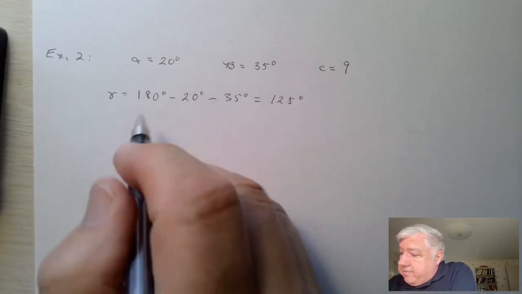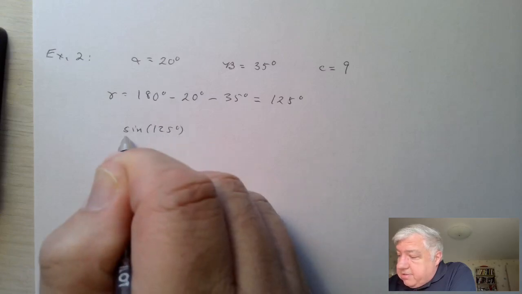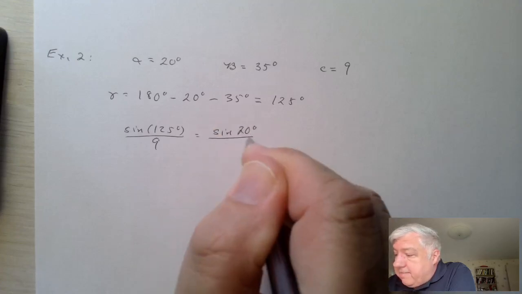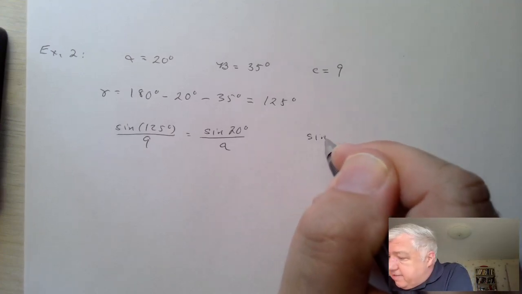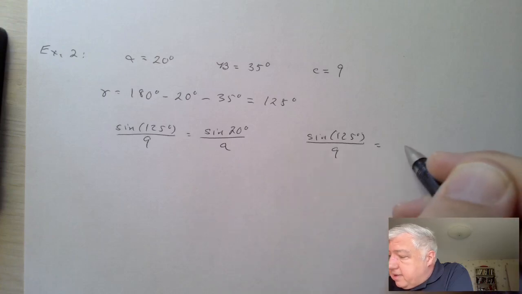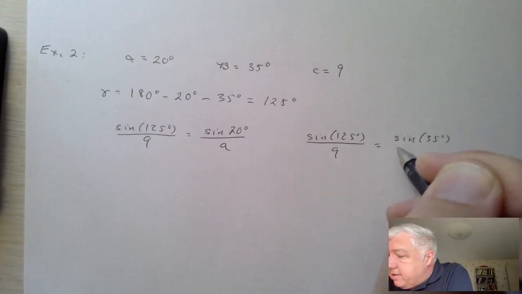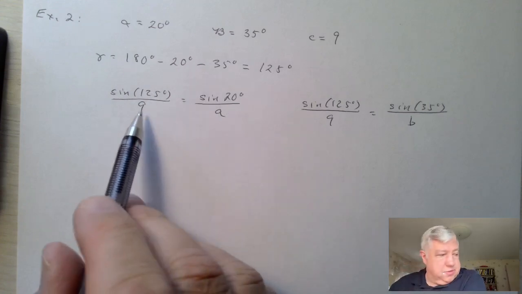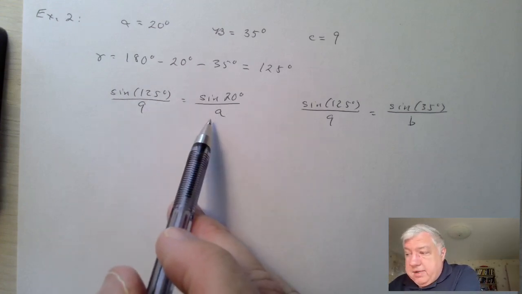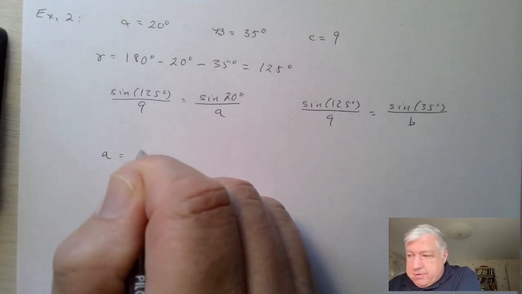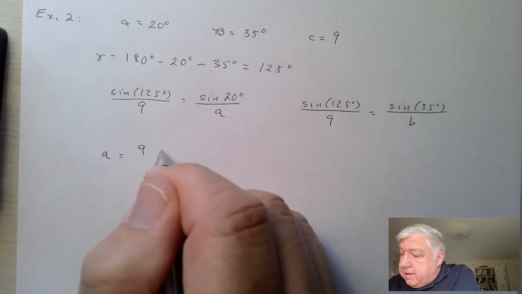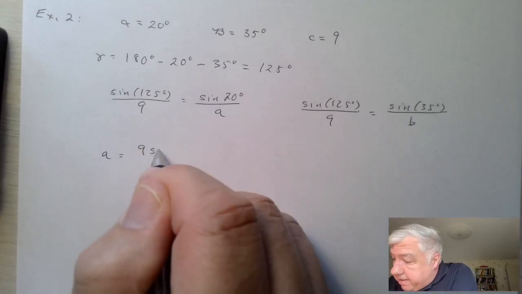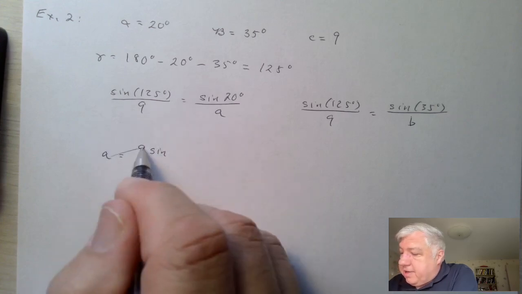And so now we have the sine of 125 degrees over 9 is equal to the sine of 20 degrees divided by A. And similarly, the sine of 125 degrees over 9 is equal to the sine of 35 degrees over B. From here, doing similar work, we can cross multiply and divide. Actually, let's just do all this.